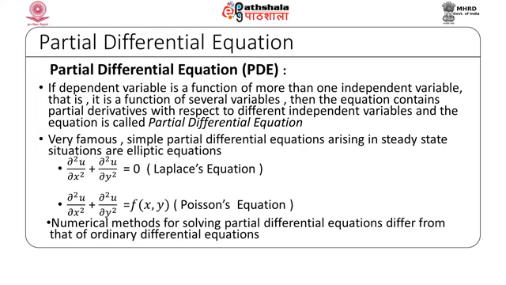So, you differentiate u 2 times with respect to x as if y is a constant, and similarly curly 2 u by curly y2 will be obtained by differentiating u with respect to y treating x as constant. And the Poisson equation is curly 2 u by curly x2 plus curly 2 u by curly y2 equal to a function of x, y.